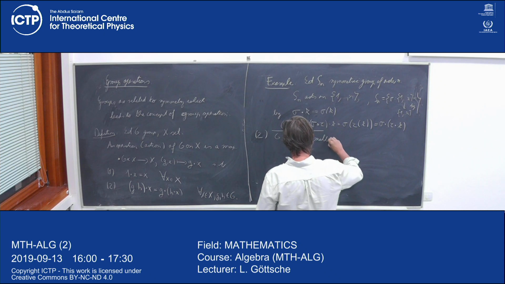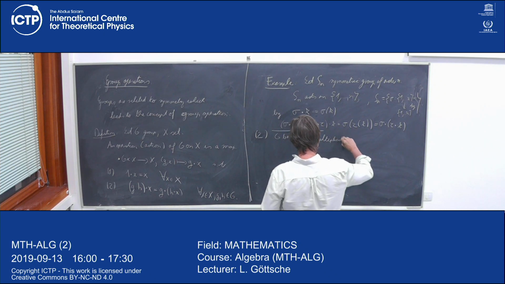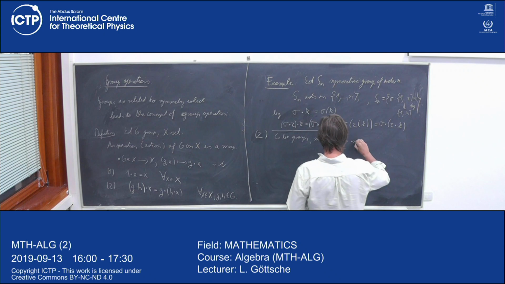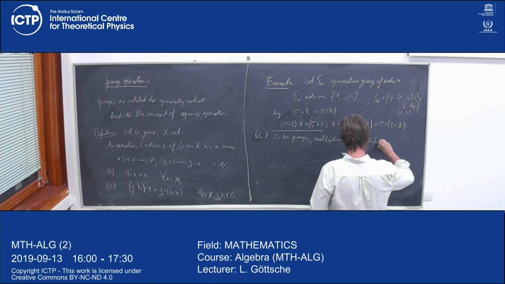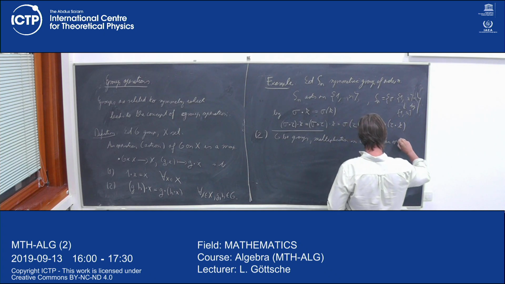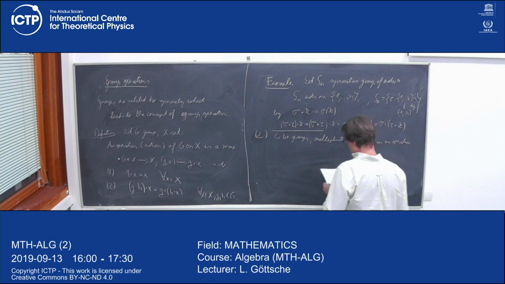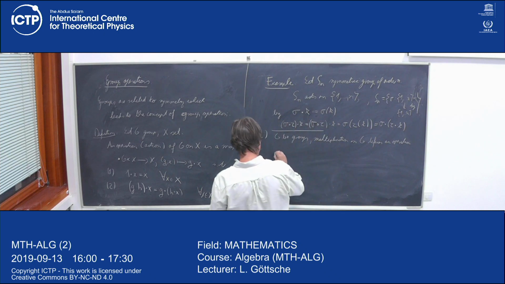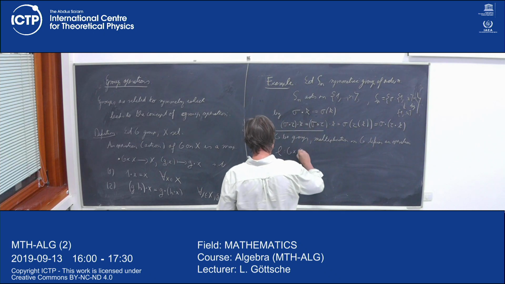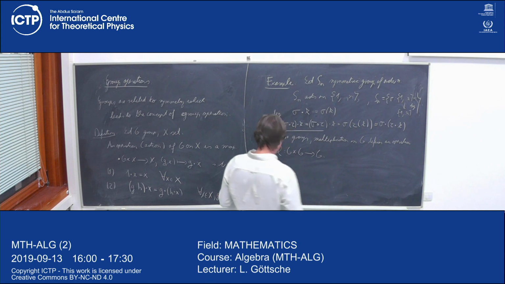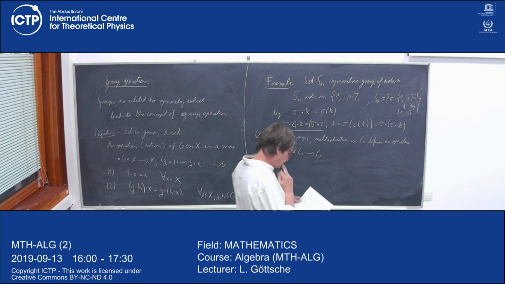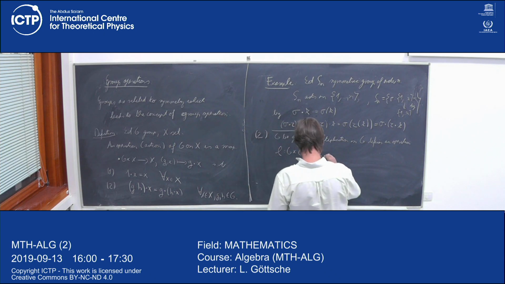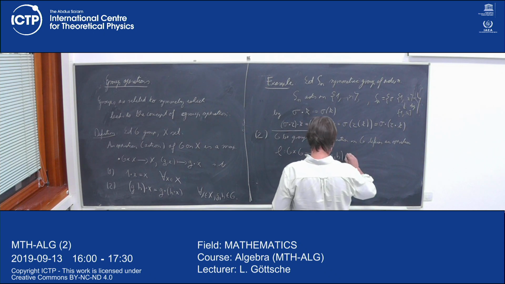Multiplication in G defines an operation, which is called L, from G times G to G. So it's an operation of G on itself.